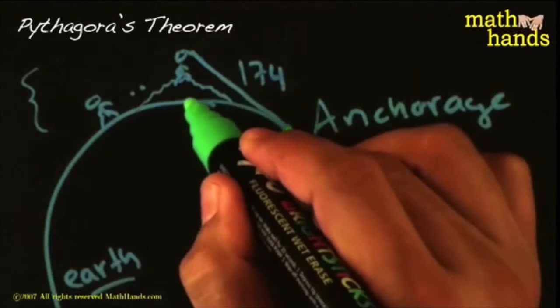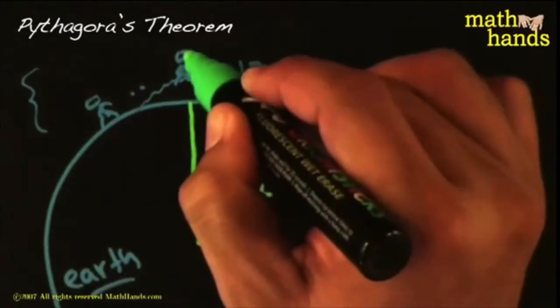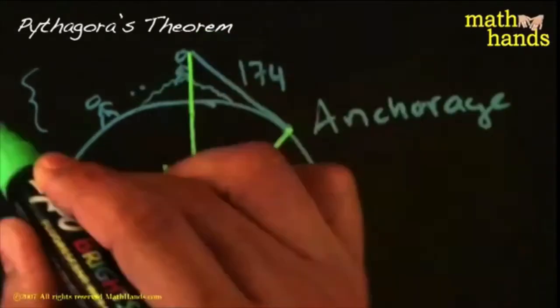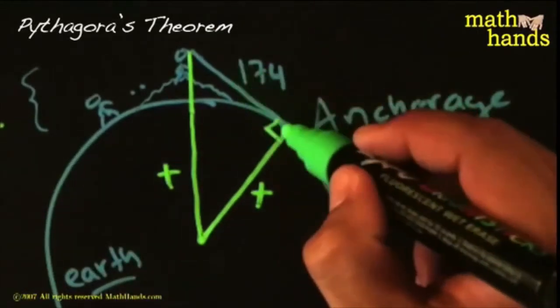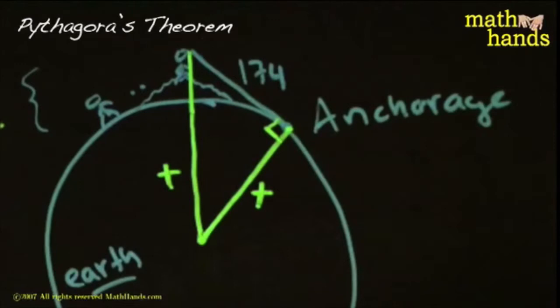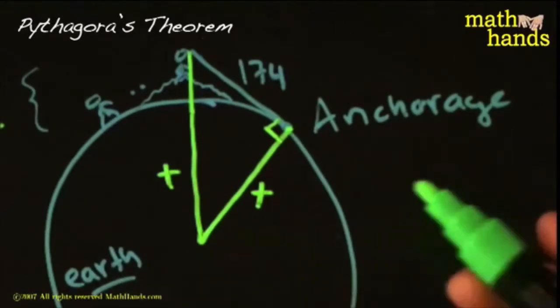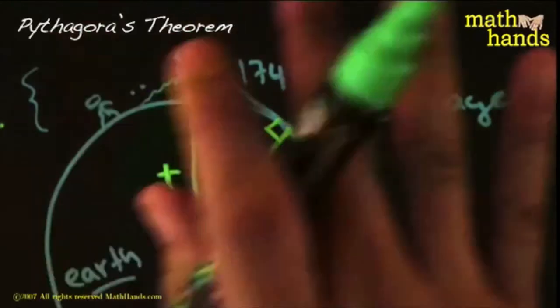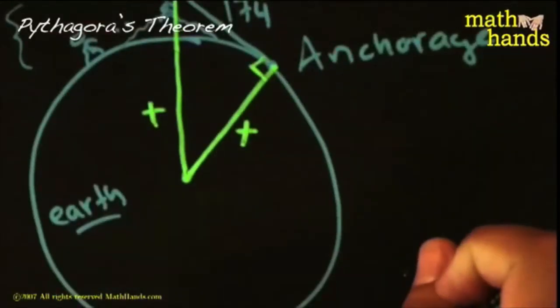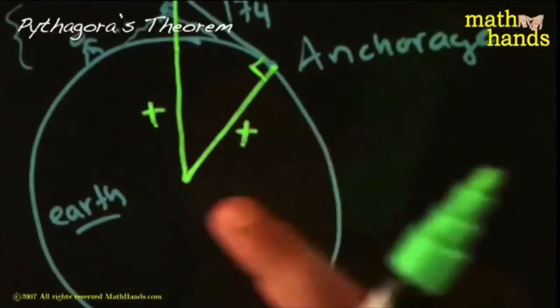I know this side right here is x plus a little more, x plus 3.84. And I know that wherever I can see the horizon, that must make a 90-degree angle. Of course, I'm simplifying things because there might be a little hill here or whatnot, but let's let that slide. Then you can play the Pythagoras game.